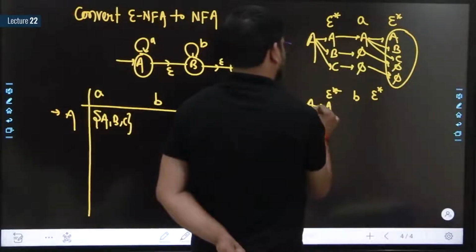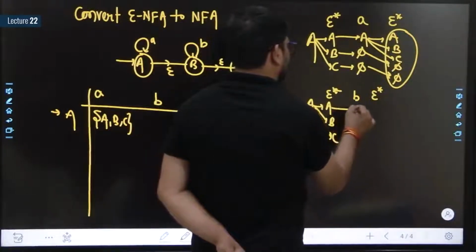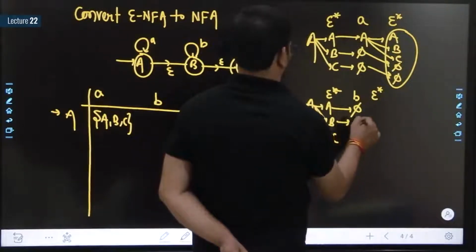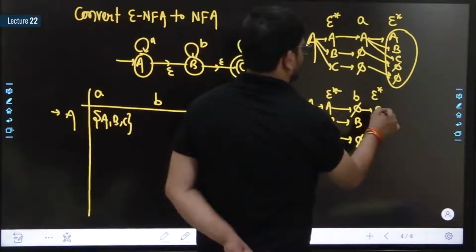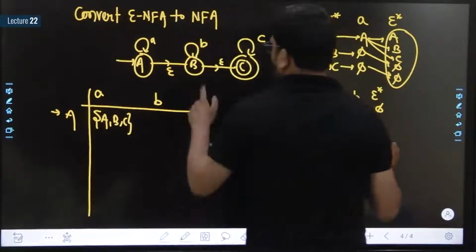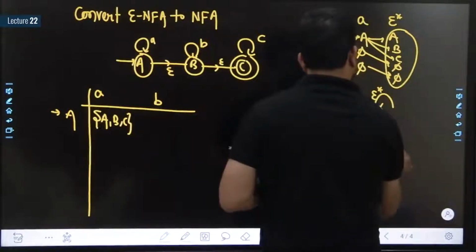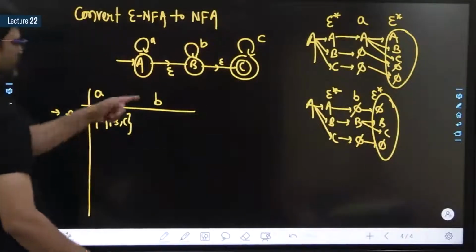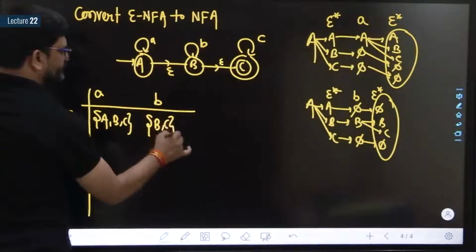Epsilon closure of A is A, B, C. A on B, phi. B on B, B. C on B, phi. Epsilon closure of B is B and C. Epsilon closure of phi. Union all these: B, C. A on B goes to B, C.